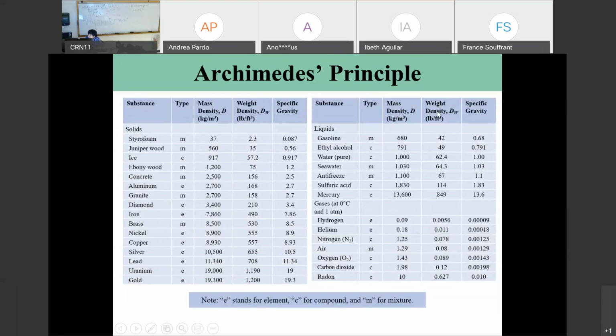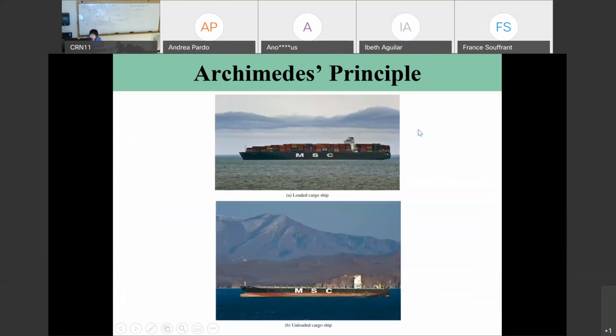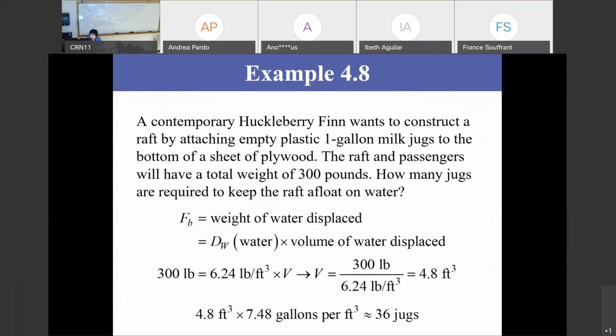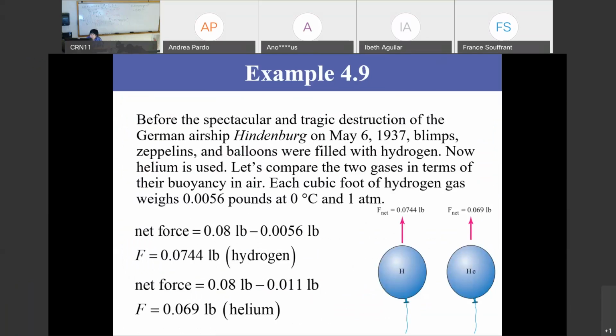We don't really use weight density. Specific gravity also we don't really use, all right? And we normally use, as you have seen already, kilograms per meter cubed. So that's why I was talking to you guys about this in pounds, and that's the balloon there, all right?